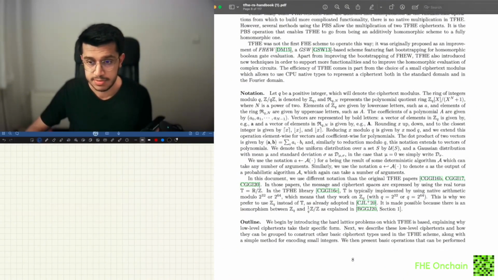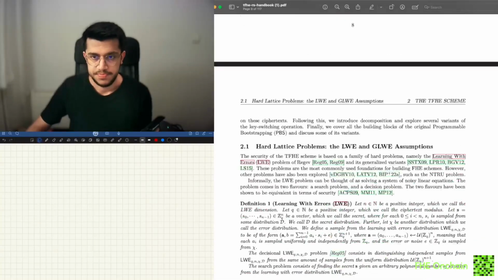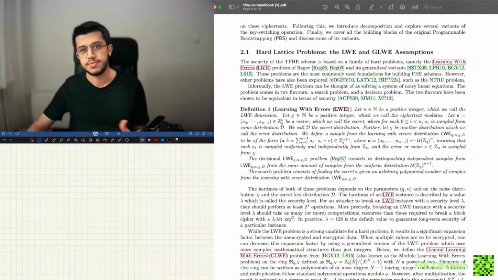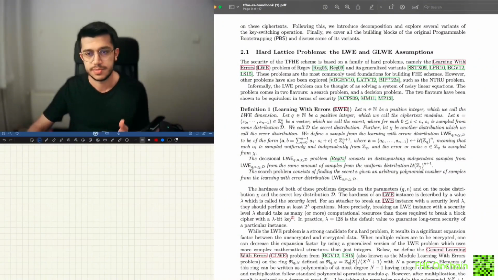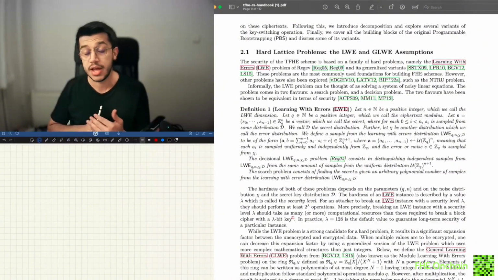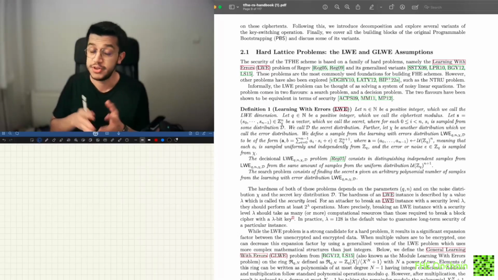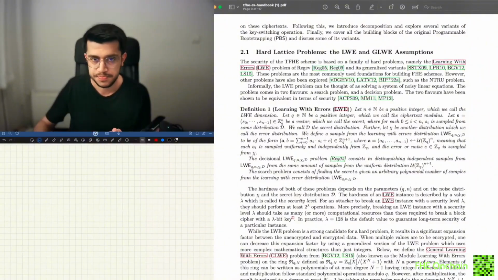Okay, so LWE, or learning with errors, problems are lattice-based problems, and they're hard problems by the definition of cryptography. All cryptographic systems rely on hard problems, so that once you don't have the relevant secret information, you're not going to be able to reveal any hidden or encrypted info, obviously in a feasible manner.